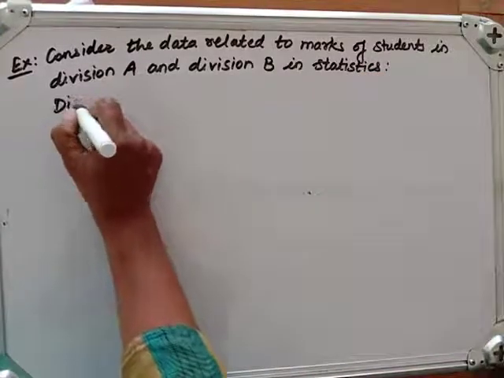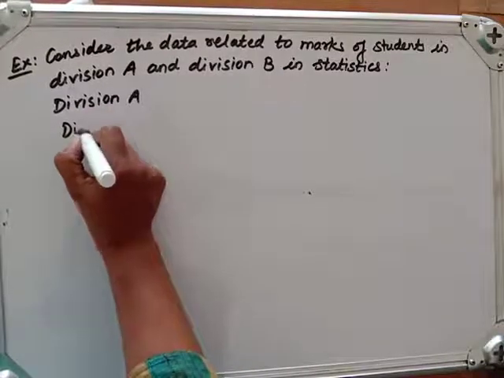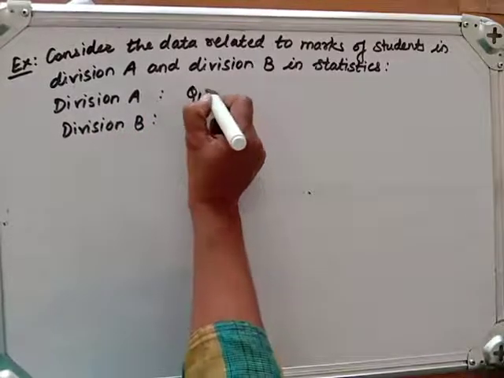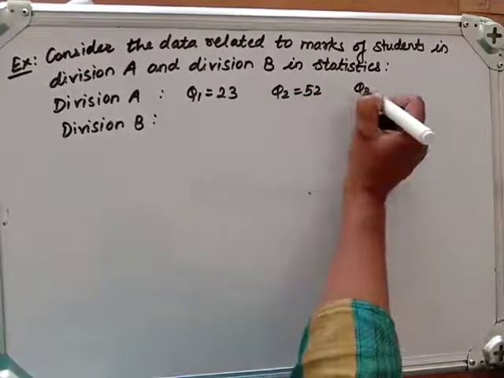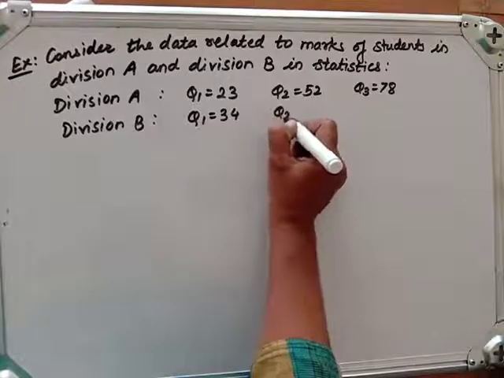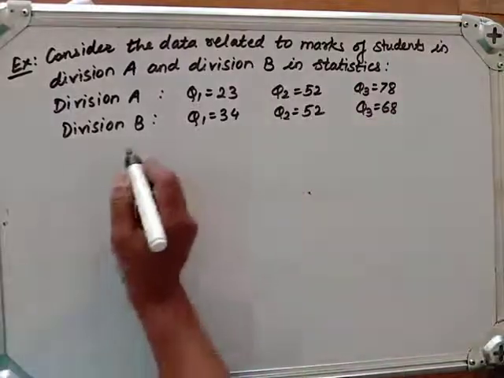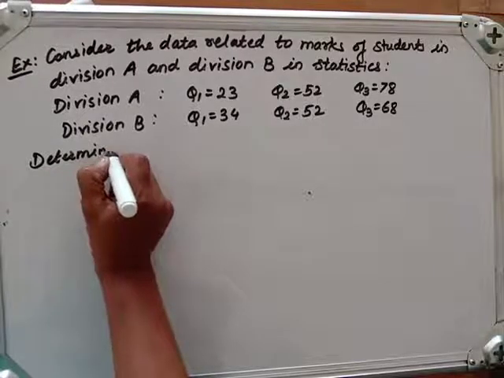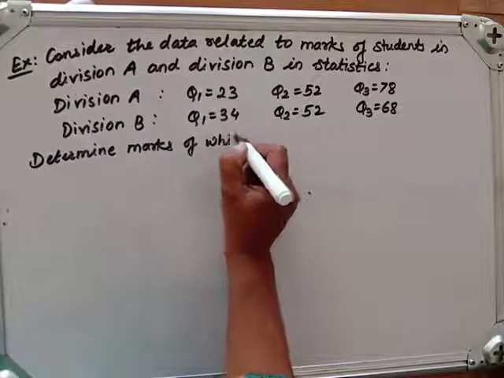For division A, Q1 is 23, Q2 is 52 and Q3 is 78. For division B, Q1 is 34, Q2 is 52 and Q3 is 68. As such we get it. Now the question is: determine marks of which division are more skewed.